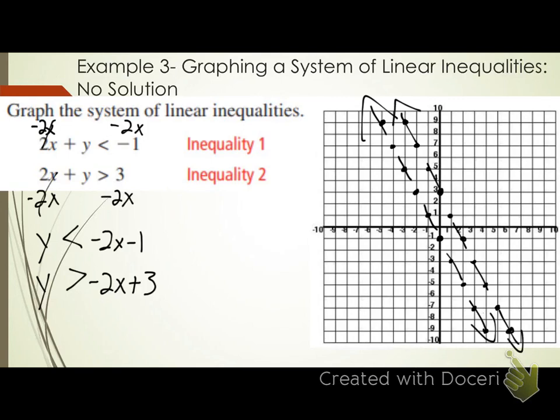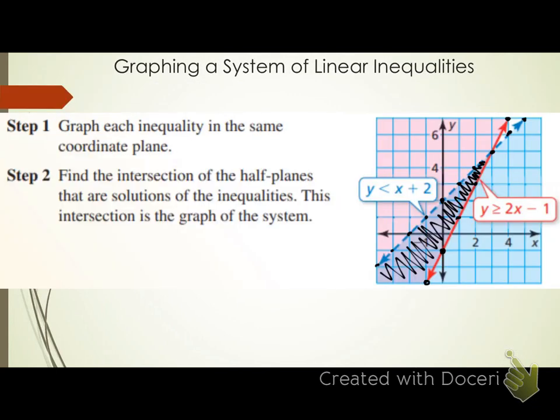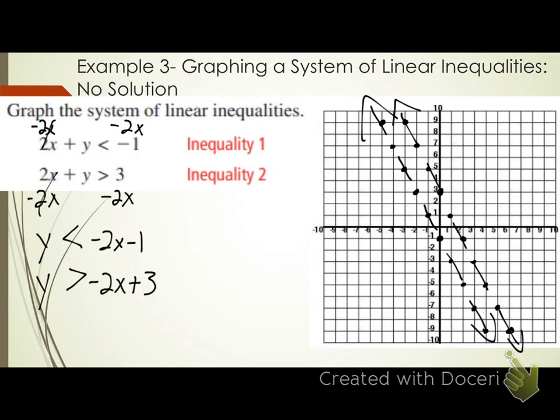For inequalities, are we looking for the intersection point of the lines? We're looking for the intersection point of the shaded regions, right? So, is it automatically going to be no solution? No, it could be, but not always.